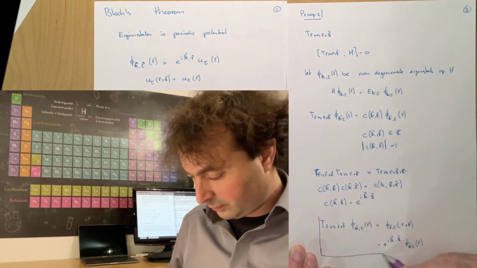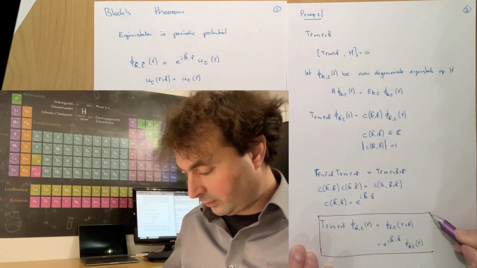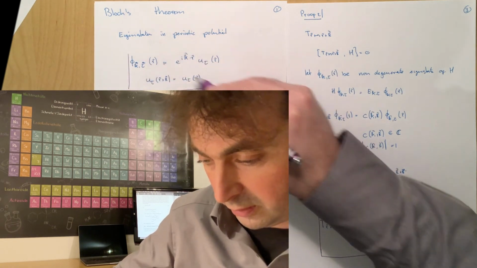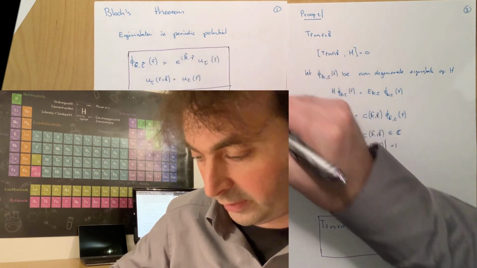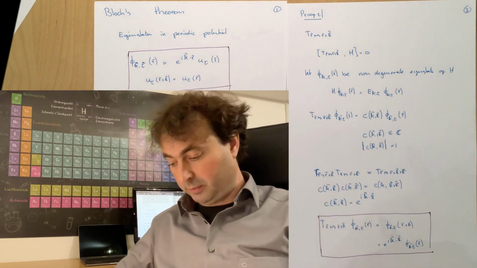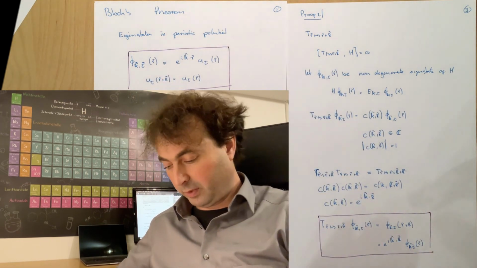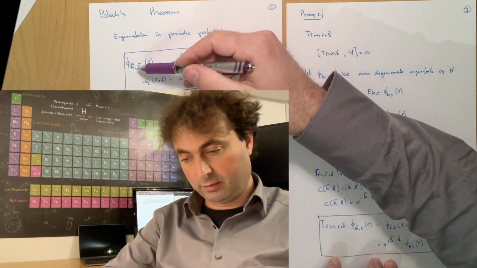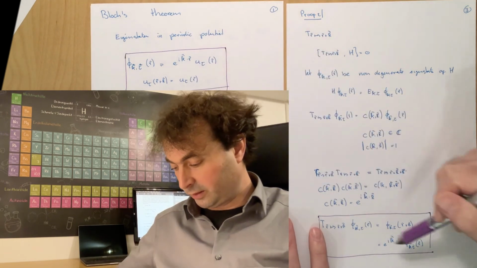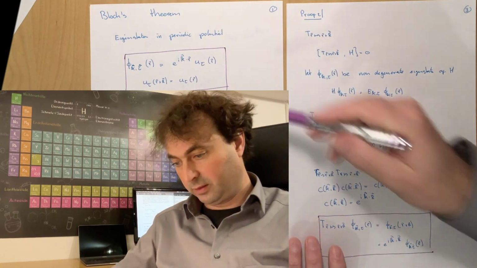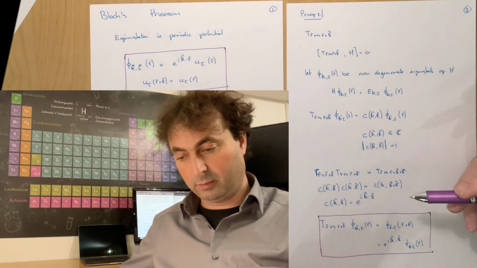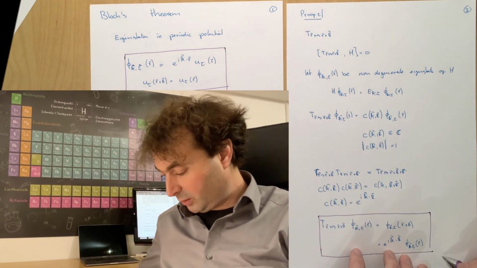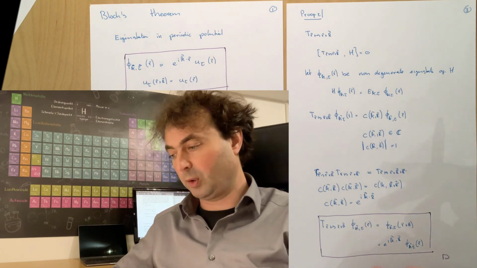This is an equivalent statement to the original form in which we wrote down Bloch's theorem, and you will find Bloch's theorem in both variants. If you put in psi here, then you immediately find that u is a periodic function and that these two statements are equivalent. So also here we have proven Bloch's theorem.